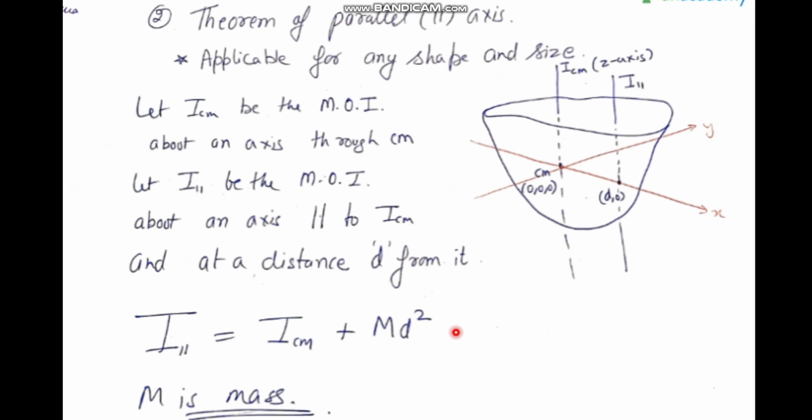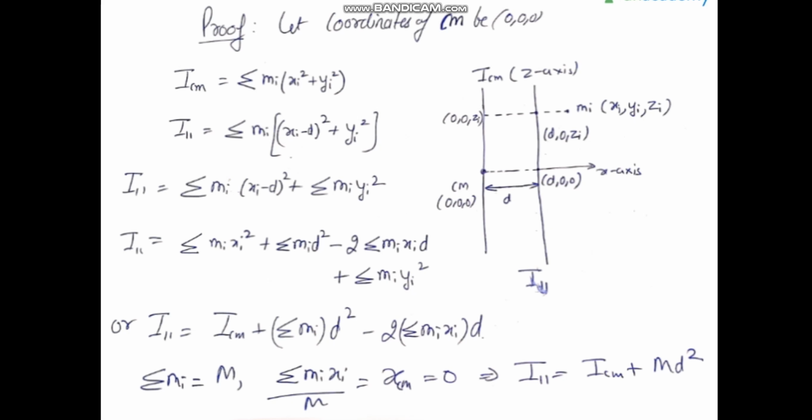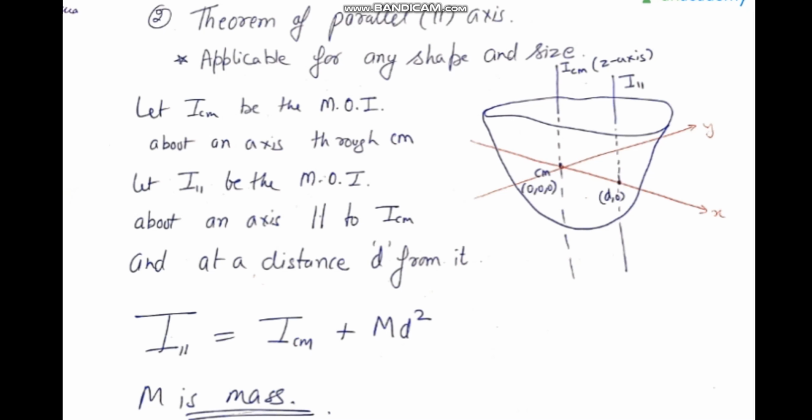So let us study the proof of this. To prove this, I assume that the coordinates of the center of mass are 0, 0, 0. Suppose the center of mass axis is the z-axis, and suppose this is the x-axis, this is the y-axis, and this other axis lies at a distance d.